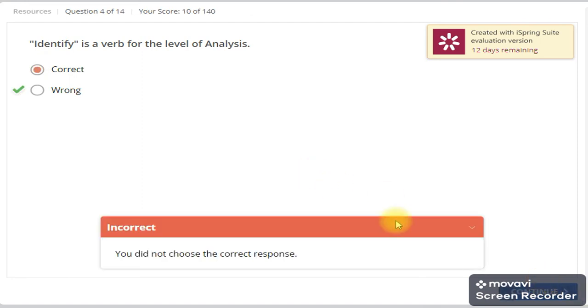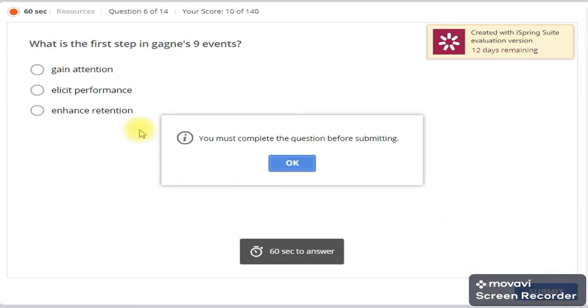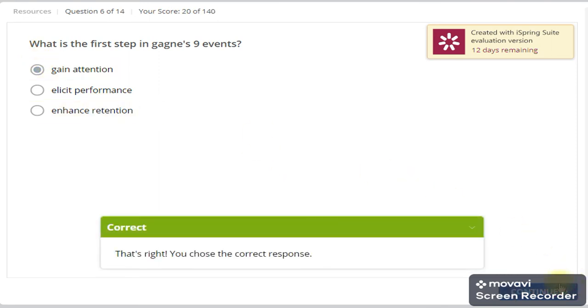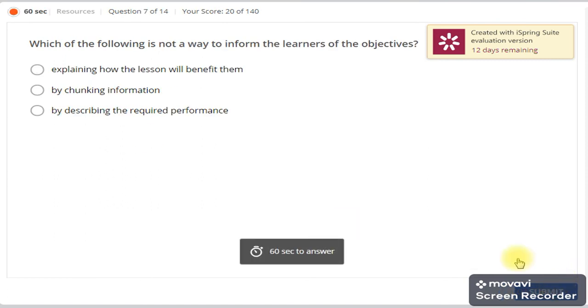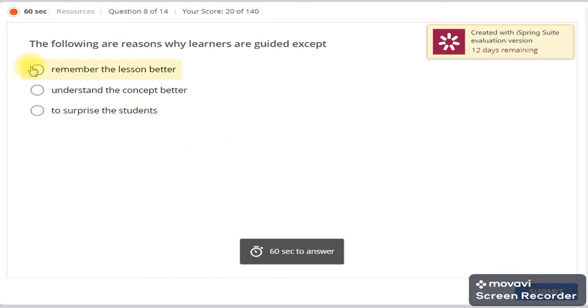You can't simply choose the first option or the second option, because they'll keep shuffling the options. There are about 6 questions for Bloom's taxonomy and 9 questions for Gagne's 9 events. So there's a question for each level of Bloom's taxonomy and each event of Gagne's 9 events.